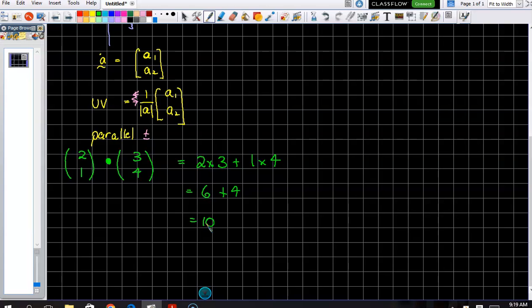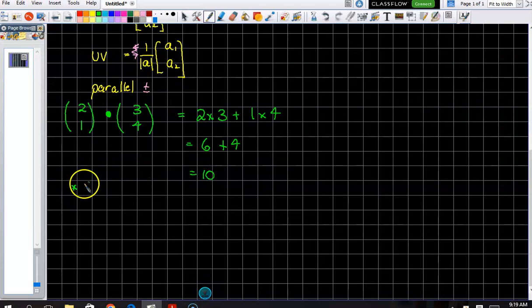What does that tell us about our vectors? 90 degrees, perpendicular, okay? So if your dot product equals 0, that means the two vectors are perpendicular, okay? We happy with all of that? We're remembering a little bit?